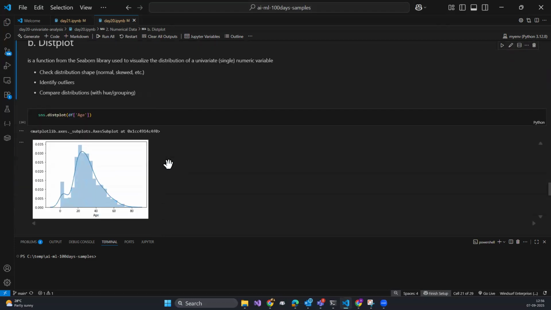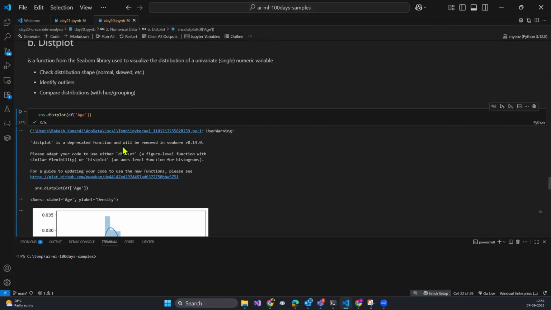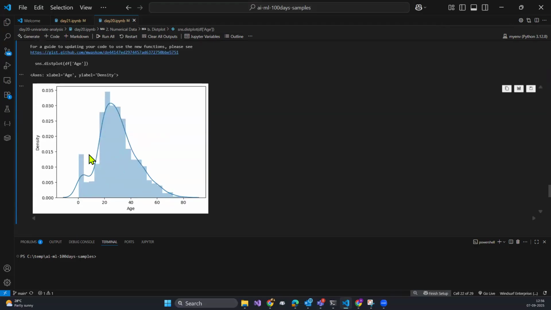It checks the distribution shape. It defines the distribution shape, and it also helps to outline the outliers and compare the distributions. It can show us where skewness is too much, right? So this is what it shows us.